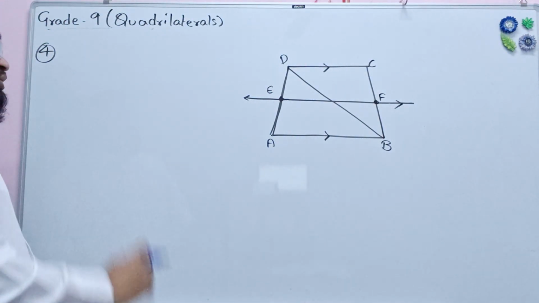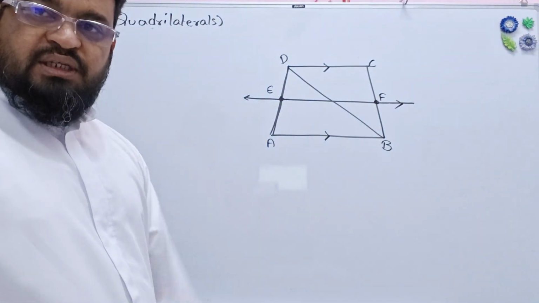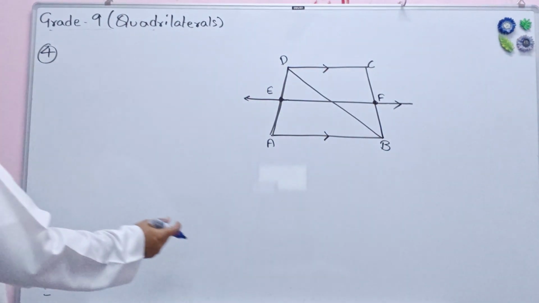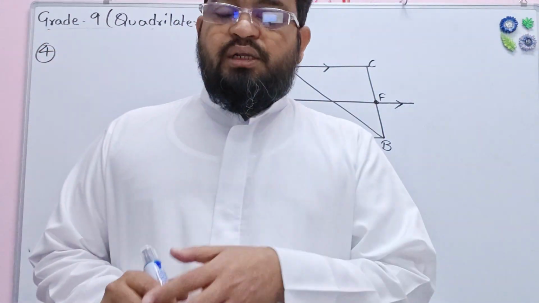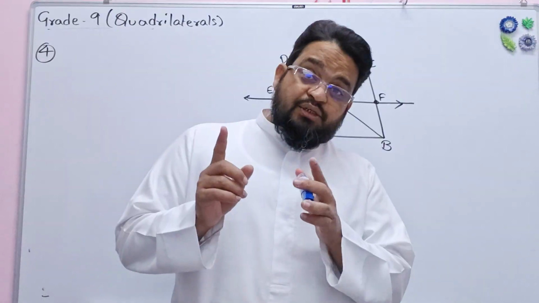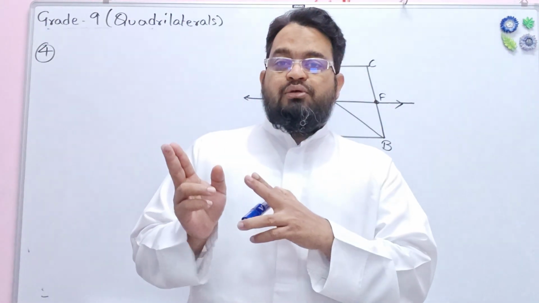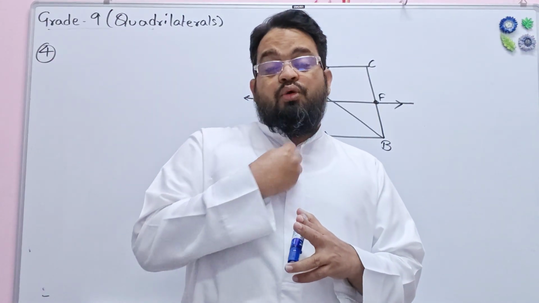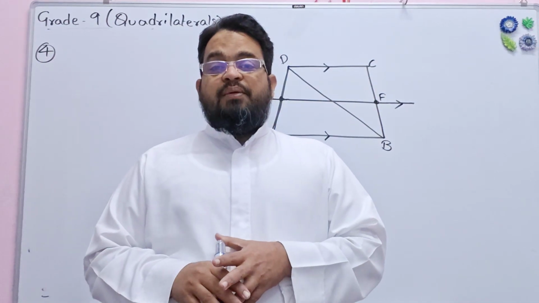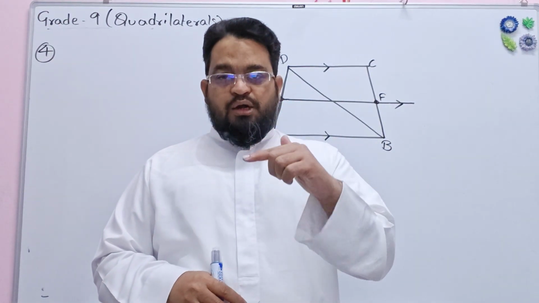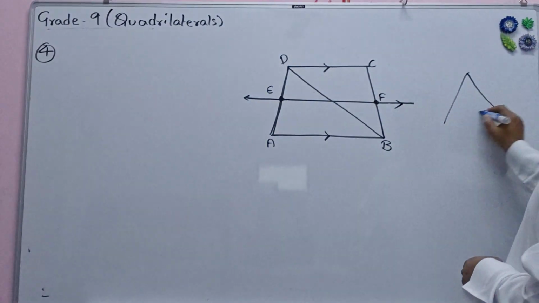Okay, so here we have midpoint and parallel. So where did we see that? In the midpoint theorem. What did I tell you? The midpoint theorem is, if the line joining the midpoints of any two sides is parallel to the third side, right? Now what is the converse of it? The converse is, this is a triangle.